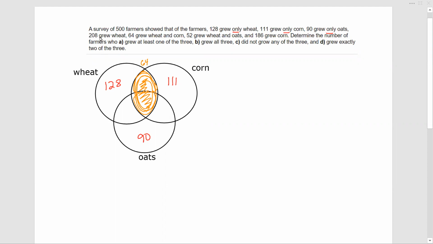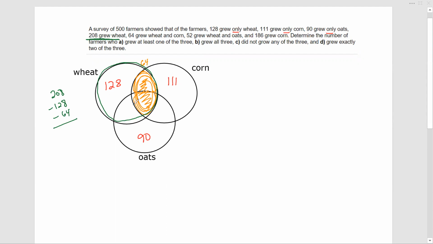So now we can go back to what they told us about the total wheat farmers. They're saying that 208 total grew wheat. Notice that if this entire circle is 208, we can subtract the 128 that grew only wheat, and we can also subtract the 64 that grew wheat and corn to find out what's left in this area.